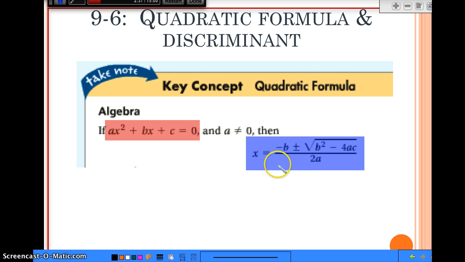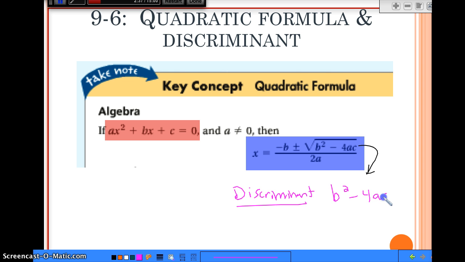All right, now, the discriminant is the b squared minus 4ac. That's what's under the radical in the formula. So if you think about this, the discriminant, that's what they call it, is the b squared minus 4 times a times c.